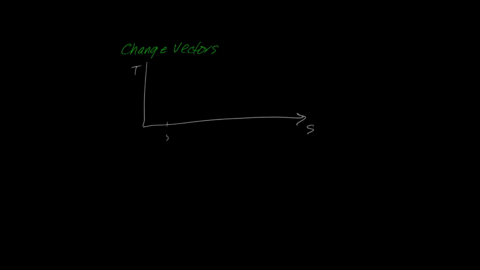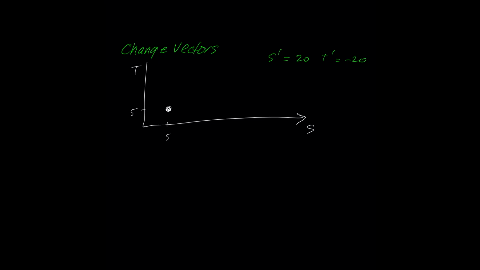I want to correct a misimpression that I may have given. We were at the point 5, 5, which is right there. And we calculated the change vector, and if you remember, S prime is 20, and T prime is minus 20. And so let's construct that change vector.